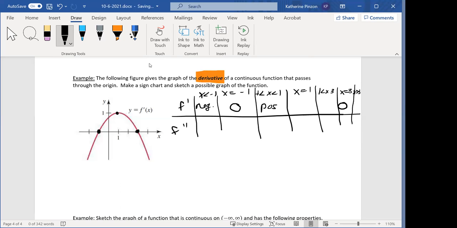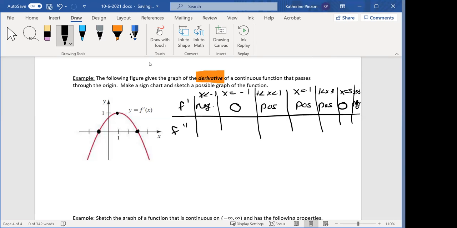At 1, is the first derivative a positive number or a negative number? Positive, because it's above the x-axis. Between 1 and 3, it's still above the x-axis, still positive. After 3, below the x-axis, negative.